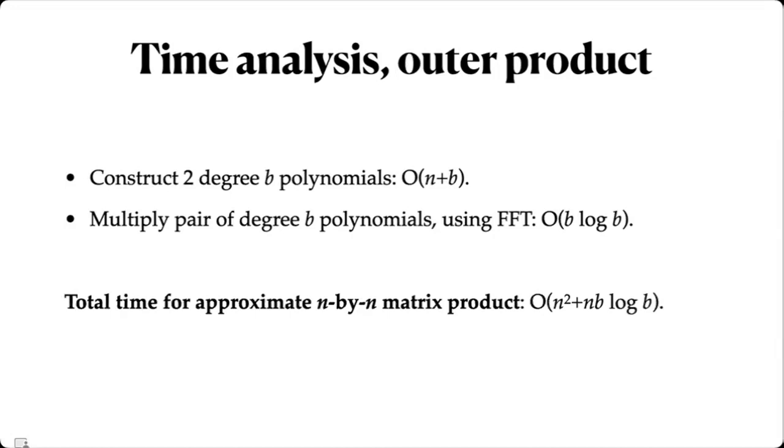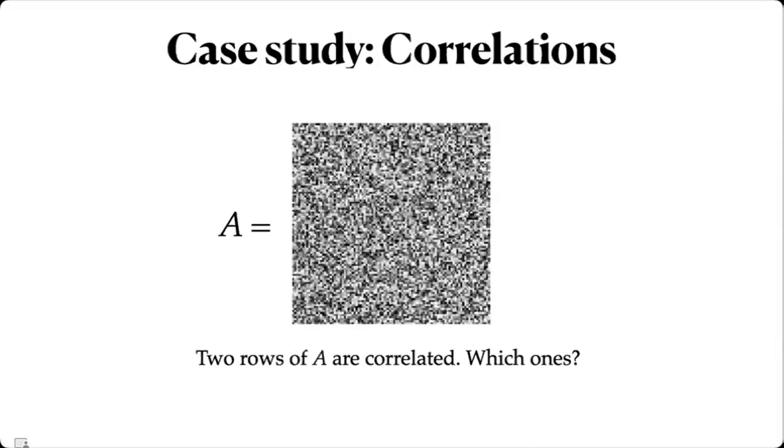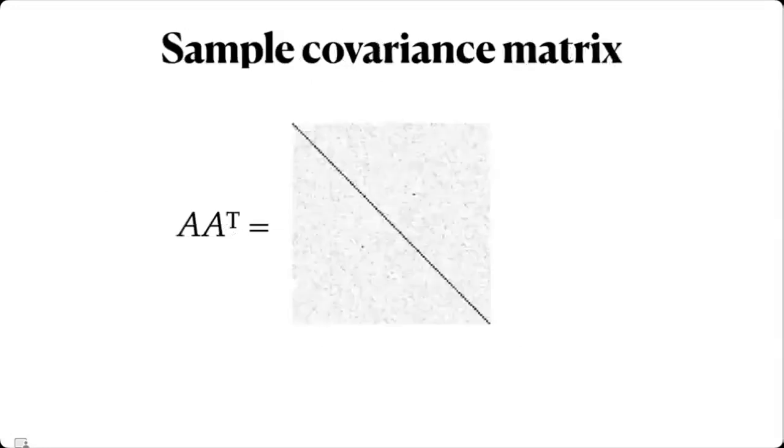And I have a few slides from back in the day, so you can apply this to find correlation, for example. So here is a matrix, and there are two rows that are correlated. It might be hard for you to see which ones. Of course, one can compute the sample covariance matrix, and here we actually see that there is something that sticks out, a pair of entries that have a high dot product.